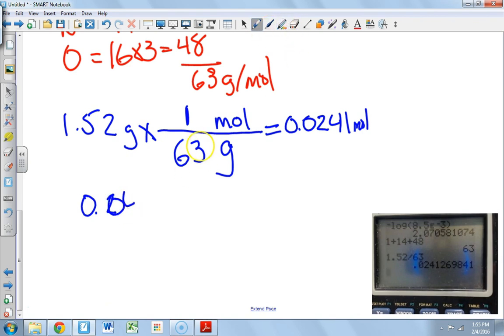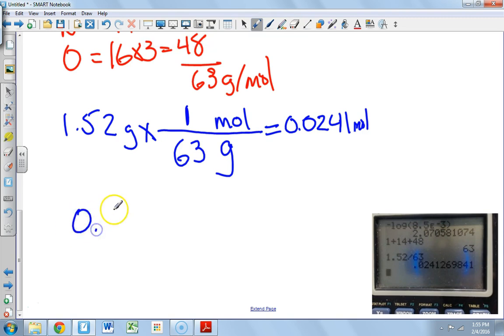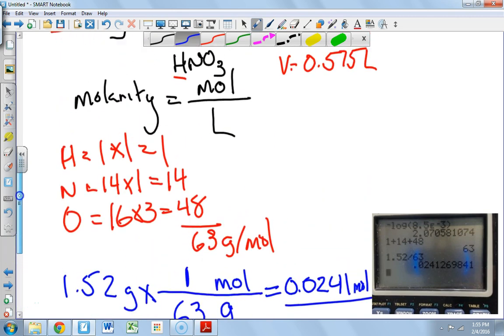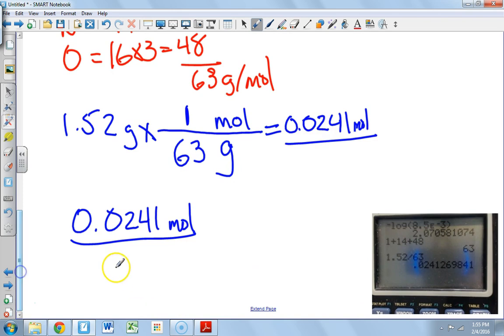Let me write this a little bit better here. So this one is 0.0241 moles, which we got from here, divided by this number in liters, 0.575 liters.